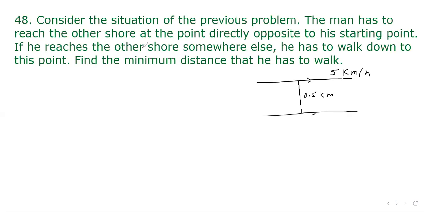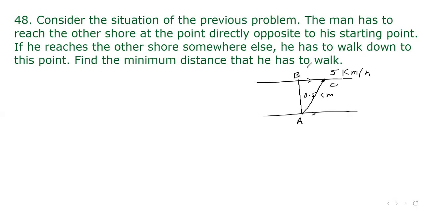Now, the question says the man has to reach the other shore at the point directly opposite to his starting point. The man starts from here and he wants to reach point B. If he reaches the other shore somewhere else, suppose he reaches here at point C, then he has to walk down to the point. Find the minimum distance that he has to walk.